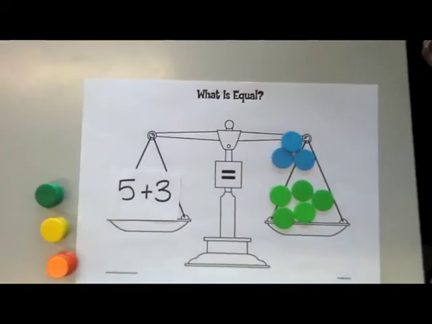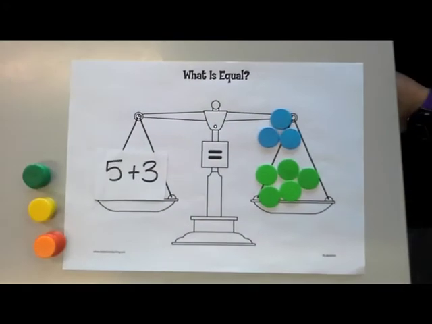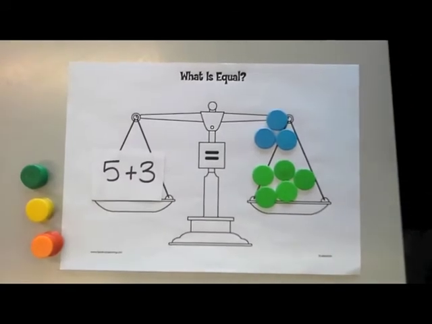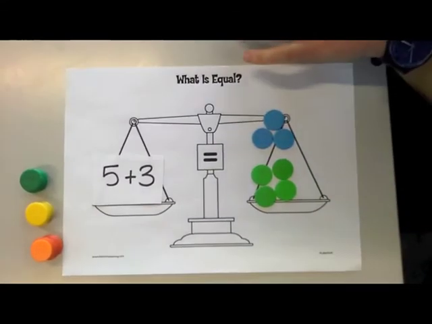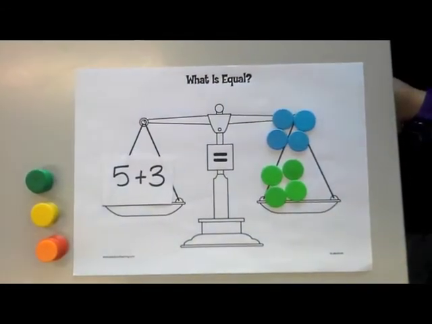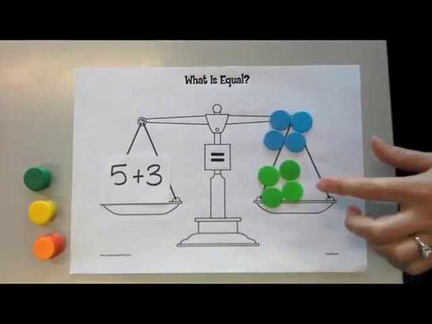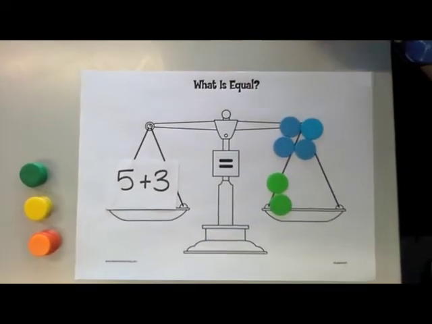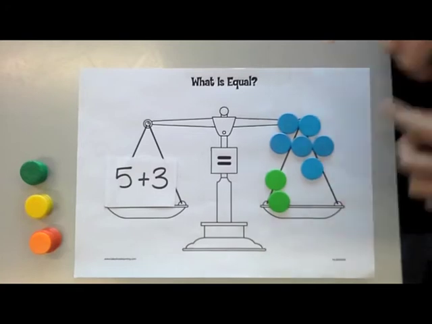Okay, and is that a balanced equation? Yes. Is it balanced on both sides? Yep. Okay, do you think you can show me another way to balance 5 plus 3? 4 plus 4. Yep. And what about one more? 2 plus 6. Well done.